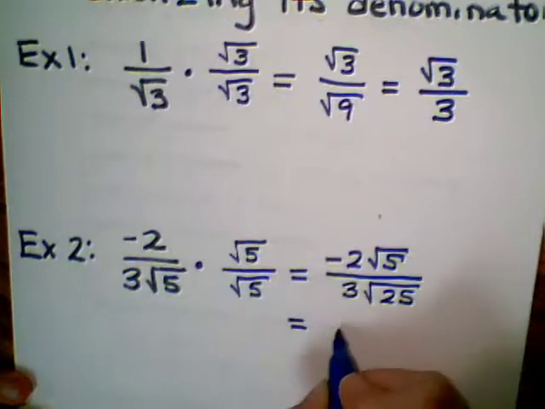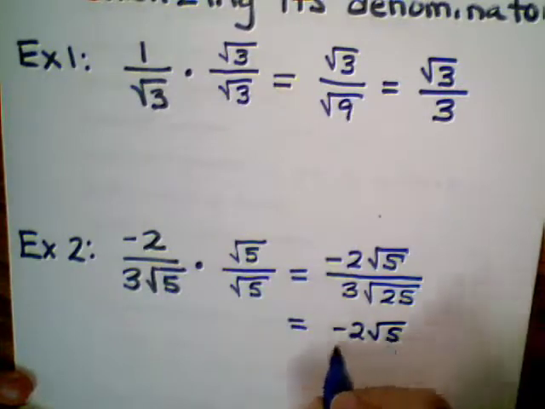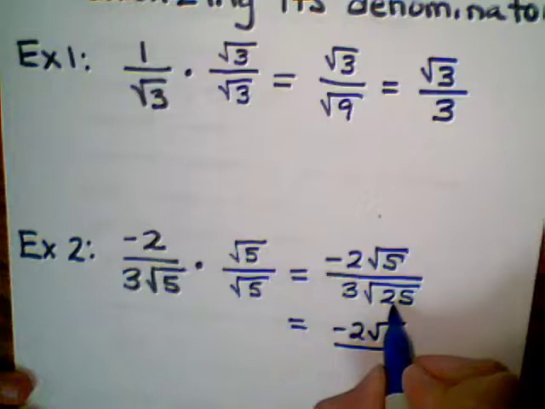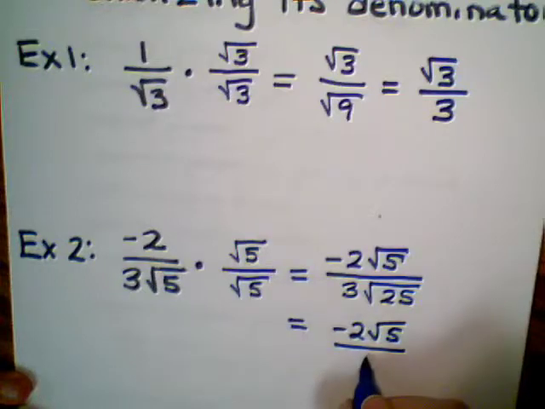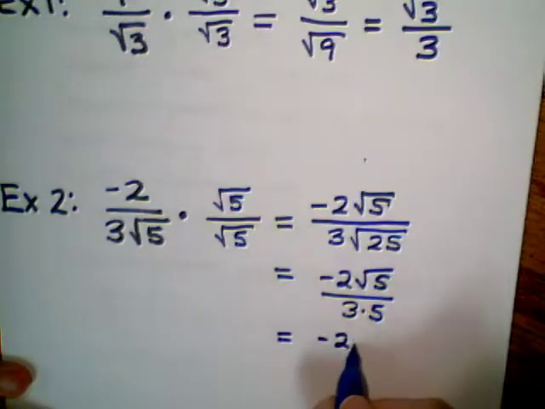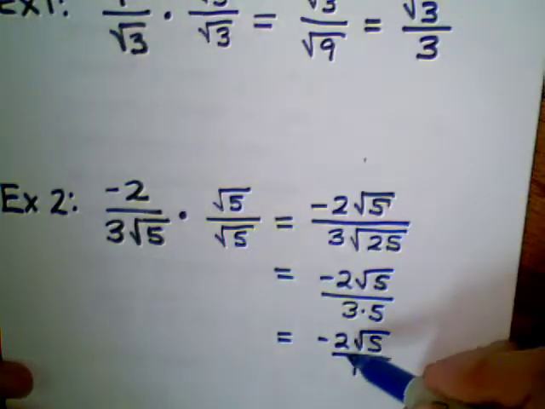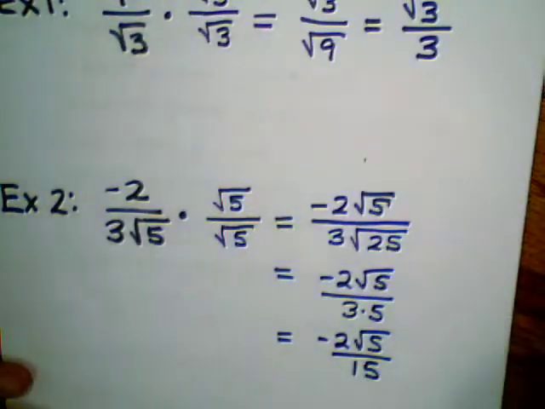And upon simplification, since 25 is a perfect square, square root of 25 is 5, and we'll get 3 times 5, or 15. And it would be appropriate just to write down 15, but I thought I would show an intermediate step. We might look to see if 2 and 15 have common factors, but they don't. So this would be our simplified answer.